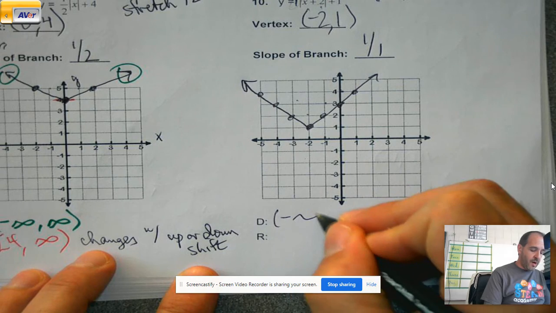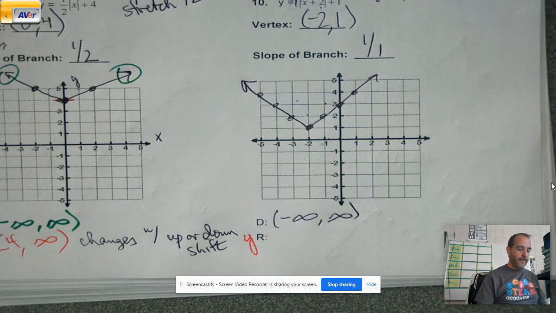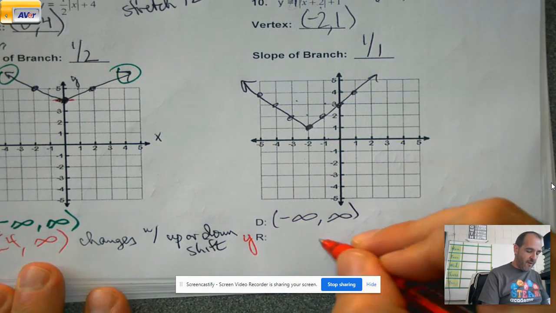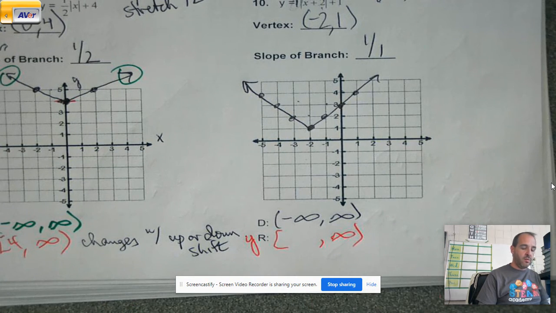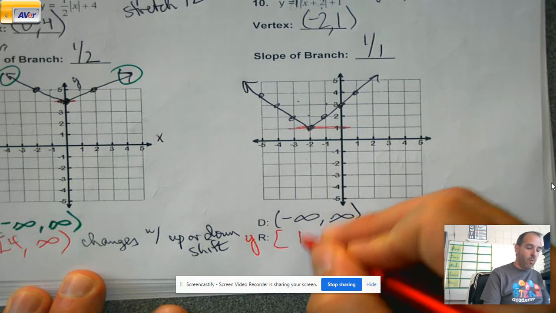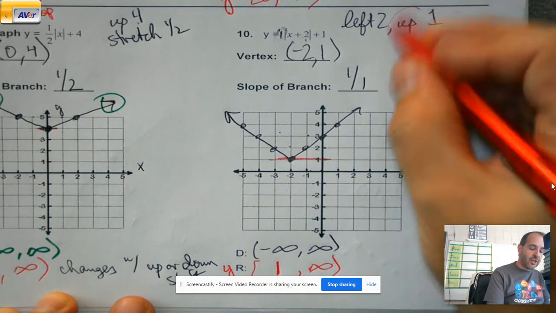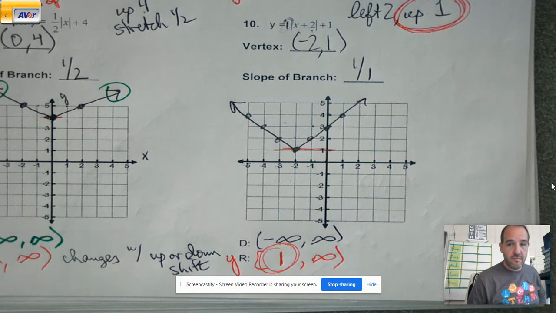We know this one already. I don't even have to think about that. Okay, range. Here's where we start figuring out if we get this down. We see it goes up forever. I get to do the easy part. Where do we start? Right here. Y value of 1, which matches any up or down shift that I have.